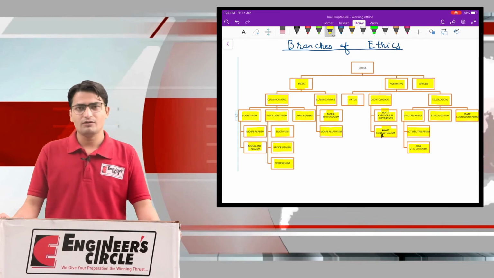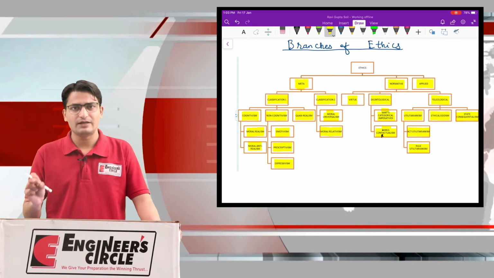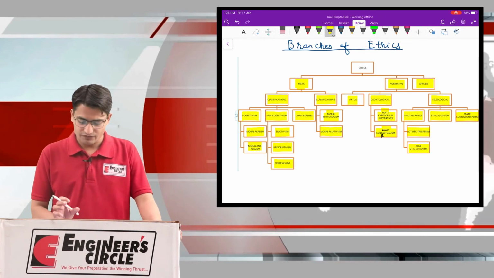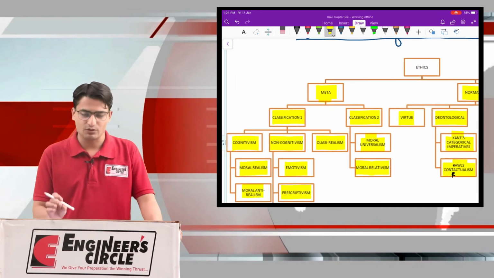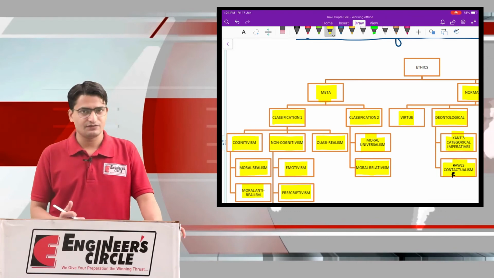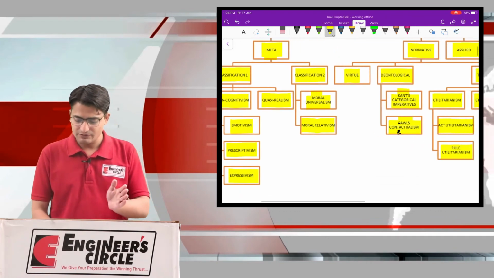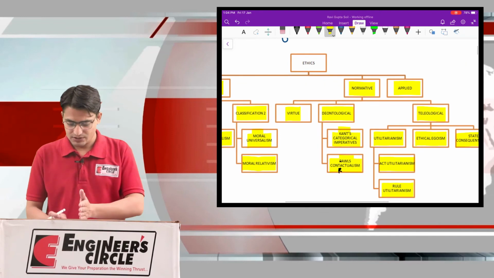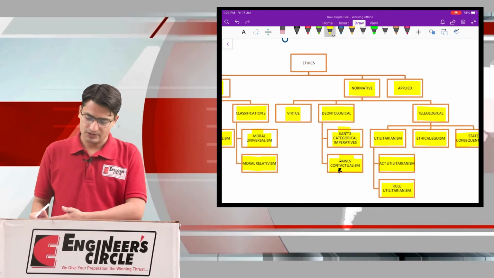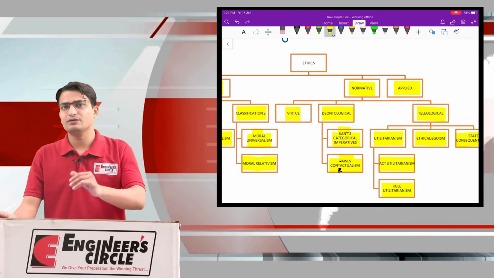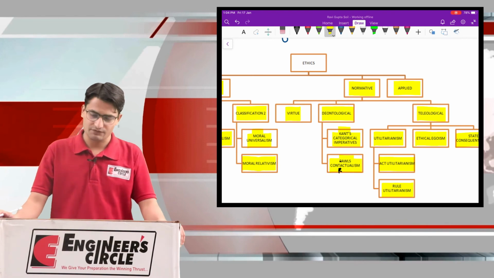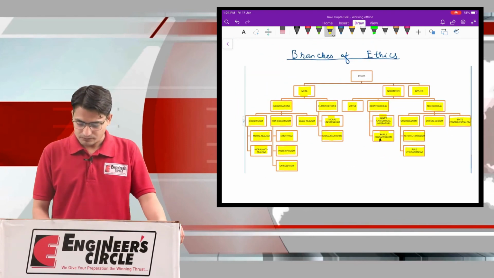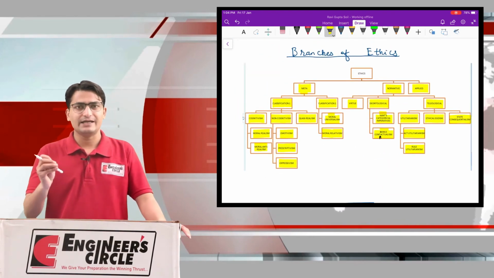Now I will discuss all the topics one by one. First I will discuss metaethics and its classifications, and then I will move on to normative ethics and its further classification. The applied ethics part will be a separate chapter itself. Okay. So let us start with the meta ethics topic.